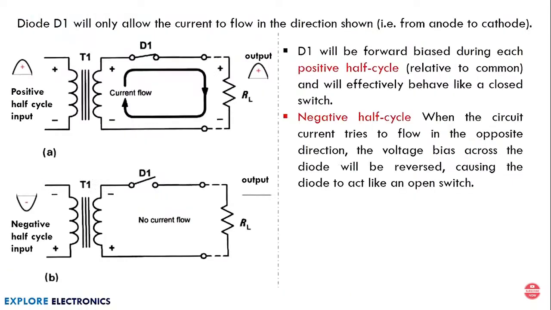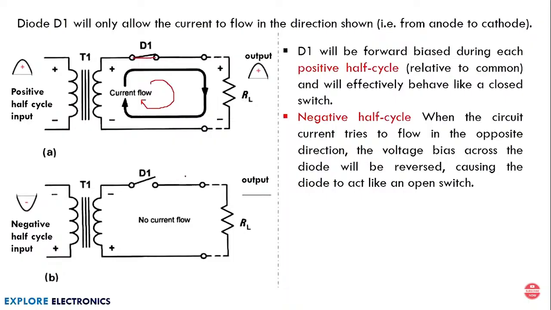And here is the explanation for that. When the positive half cycle of the input is given, diode D1 conducts, that's why the switch is closed here. This will make the path for current to flow, the current flow will be in this direction, right? So across RL we are going to get the output like this. When it is reverse biased, means the negative half cycle of the input is given, what happens?